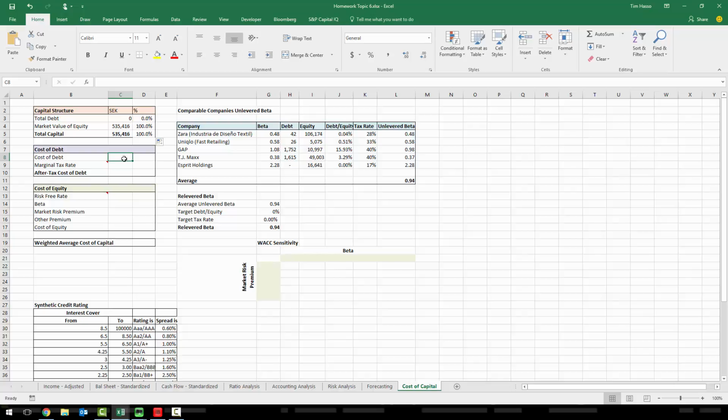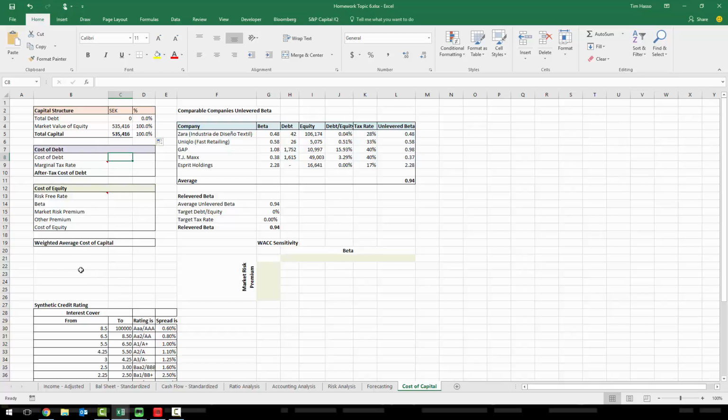However, H&M doesn't have corporate bonds, so that creates a slight problem. If we don't have an observable corporate bond rate, what we can do instead is to create a synthetic kind of cost of debt by looking at a few pieces of information.